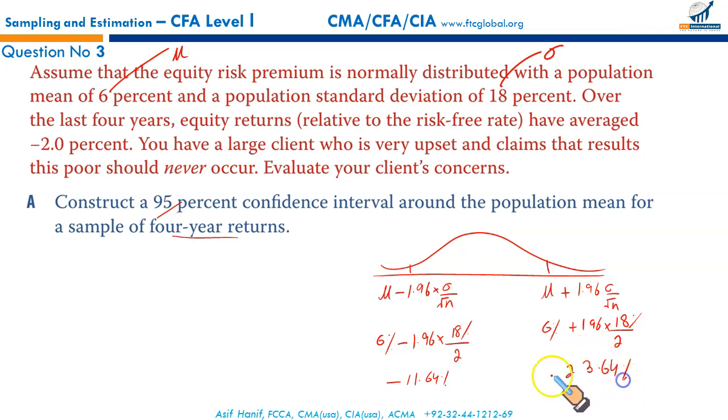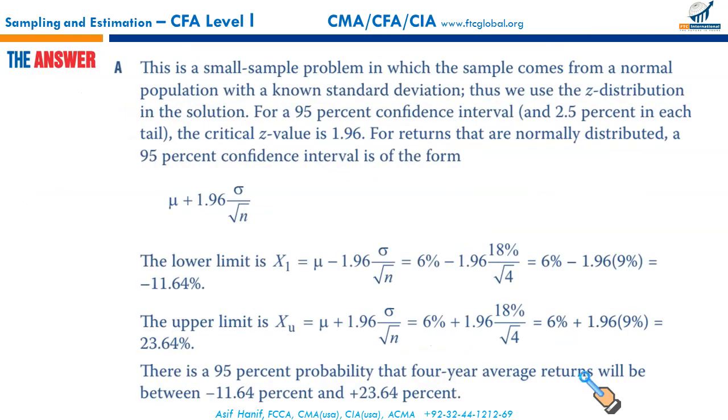Now what does it mean? It means there is 95% probability that the 4 years average return will be between the lower limit of negative 11.64% and the upper limit of 23.64%. Right, next.